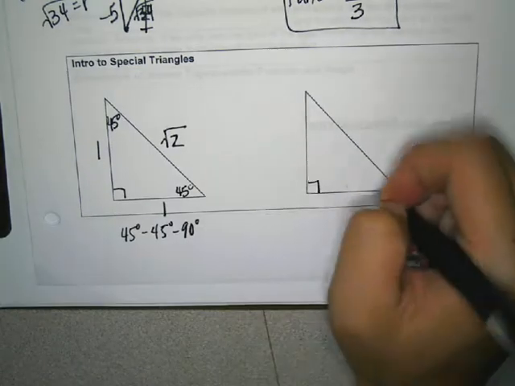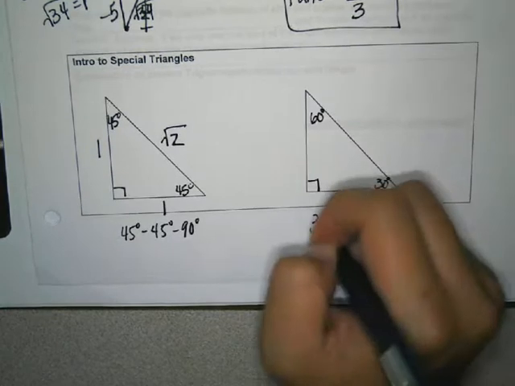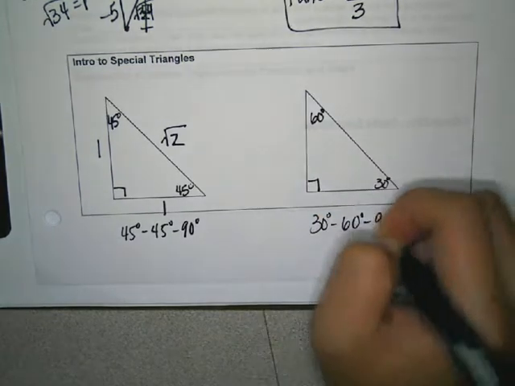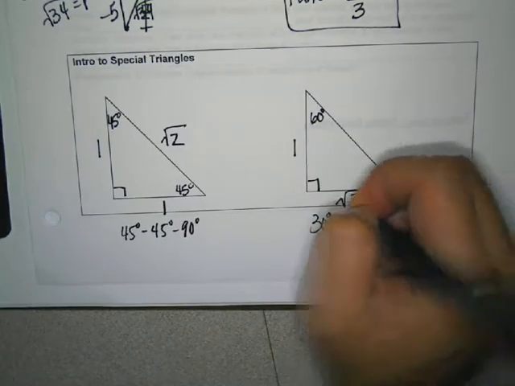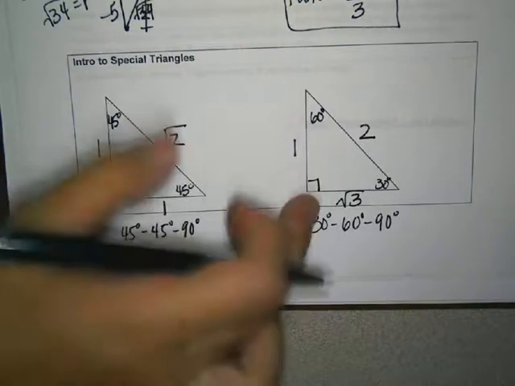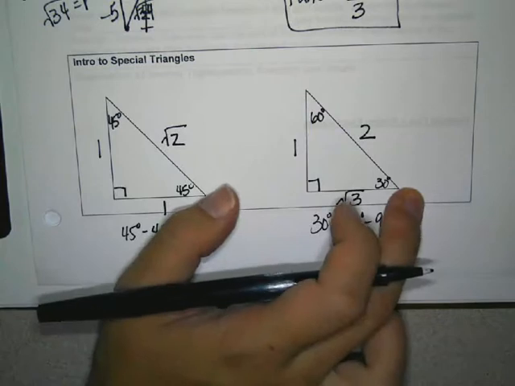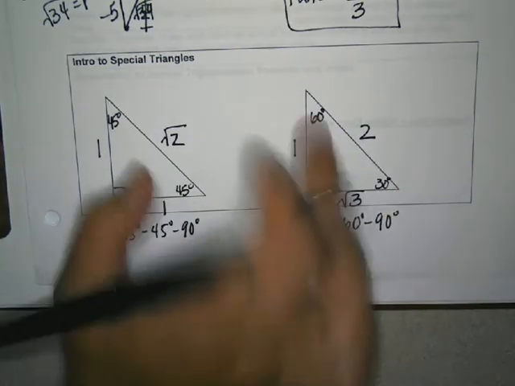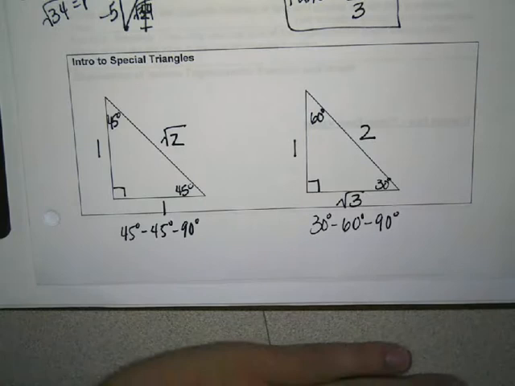The other one is 30, 60, 90. The ratios there are always 1, square root of 3, and 2 is your hypotenuse. So it doesn't matter how long the sides are. Like if this side was 10, then that would automatically make this hypotenuse 20 if we knew the angles were 30, 60, and 90. So it's just showing you how to set it up.